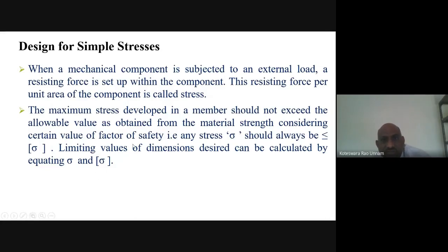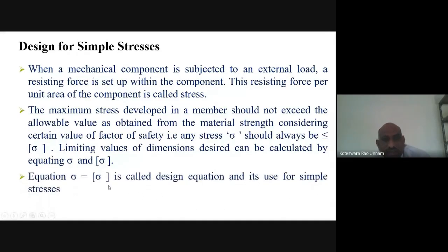Your sigma should be less than this allowable sigma value, then only your design is safe. The equation sigma equals sigma allowable is called the design equation, and it is used for simple stresses. That means if there is only one kind of stress, we follow this equation as the design equation.